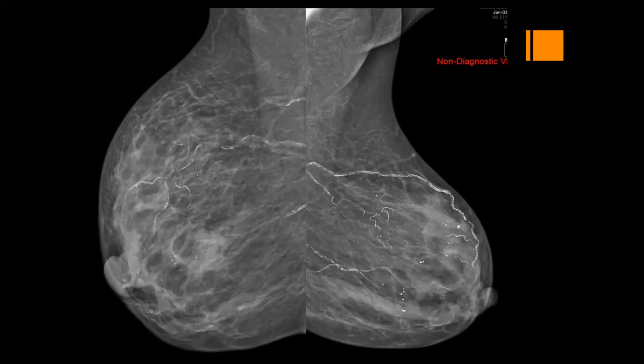Because she's sick, the imaging is not a perfect mammography. Would anyone like to comment?